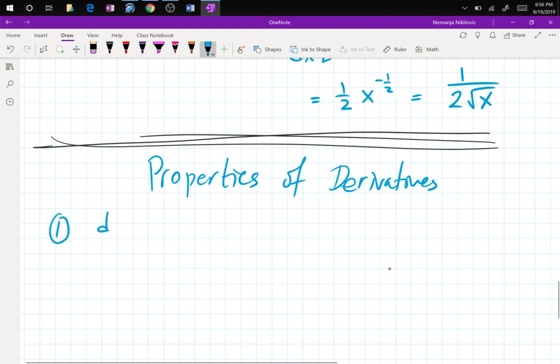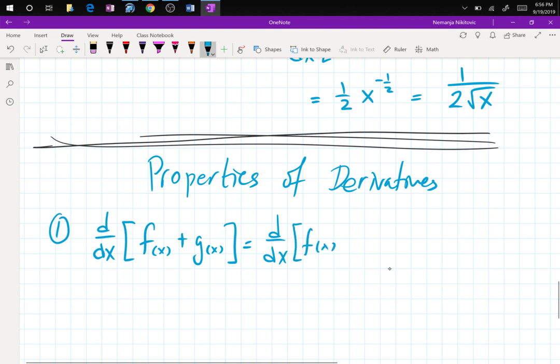Number 1, if you have the derivative of 2 functions that are added, you can take individual derivatives of each of the functions and add their results. This is very useful when you have multiple terms in the function and you just know that each term of the function will be treated separately.